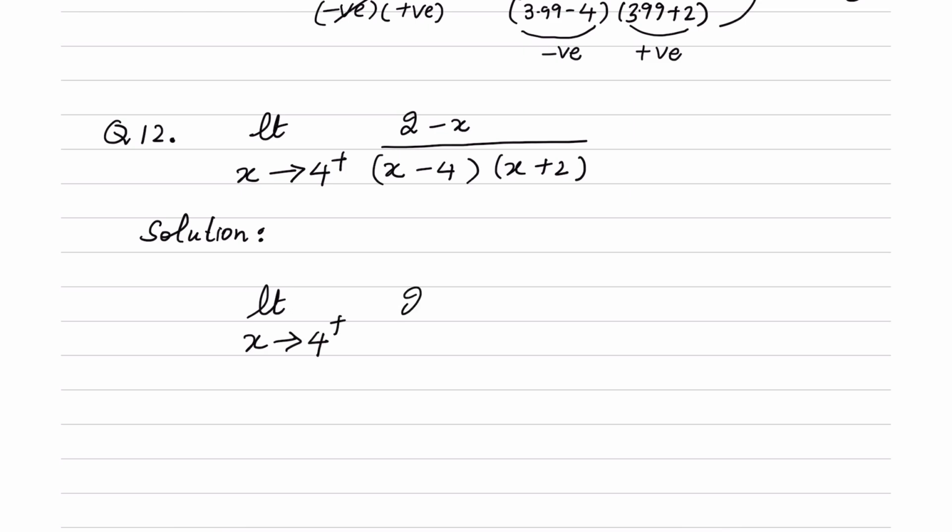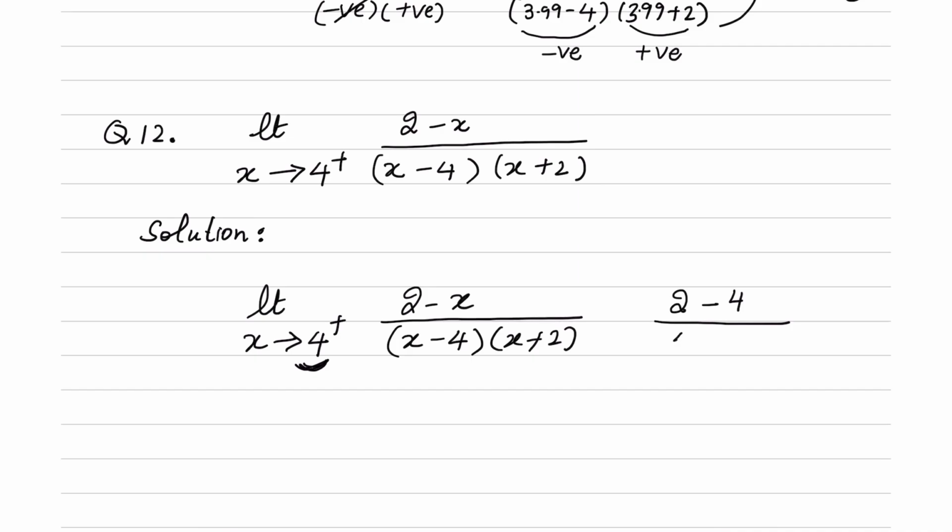So you know that x is approaching 4 from the right of 4, but you always plug in this number for x. So when we do that, we get (2 minus 4) whole divided by (4 minus 4)(4 plus 2). We get minus 2 over 0 times 6, which is minus 2 over 0, which is minus infinity.